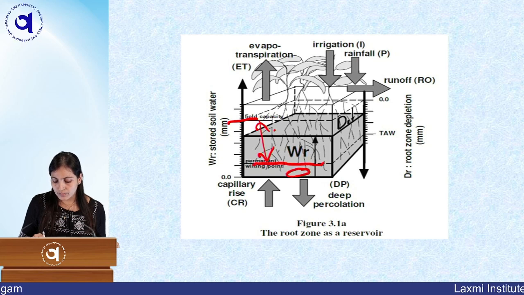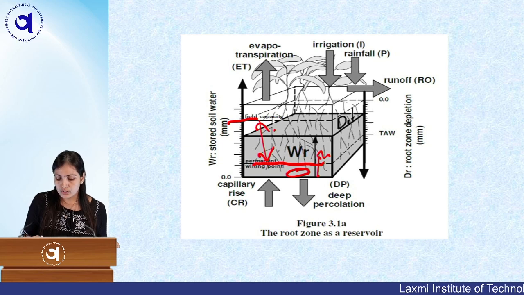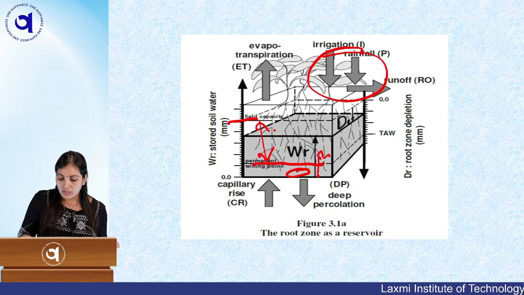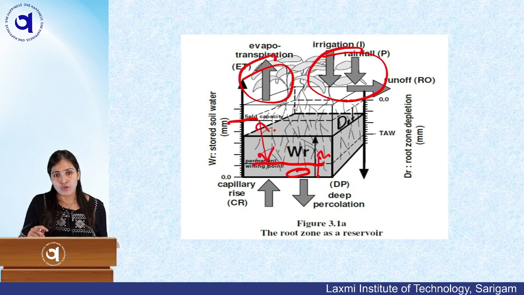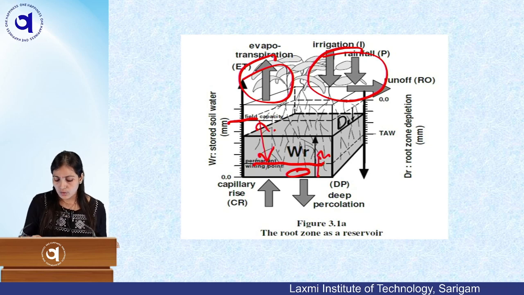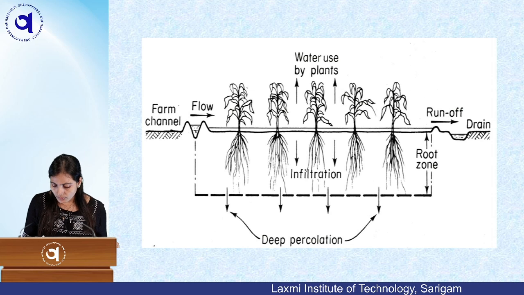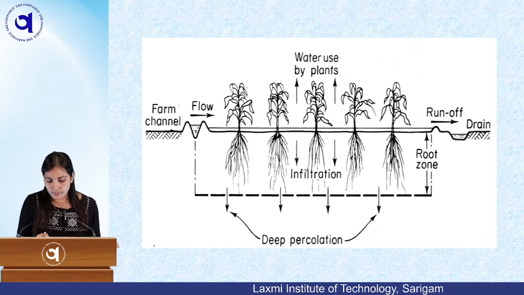Here water is present but it is not utilized by the plant. Root zone depletion and evapotranspiration, all these processes take place. Evapotranspiration means evaporation and transpiration both: evaporation from the intermediate layer and transpiration from the plant. So this is the water used by the plants.